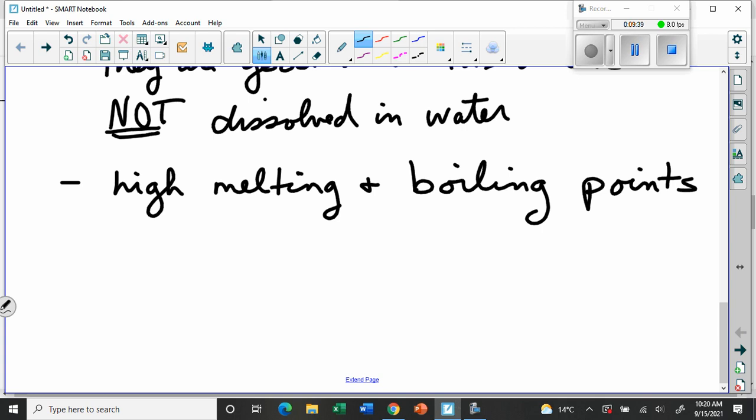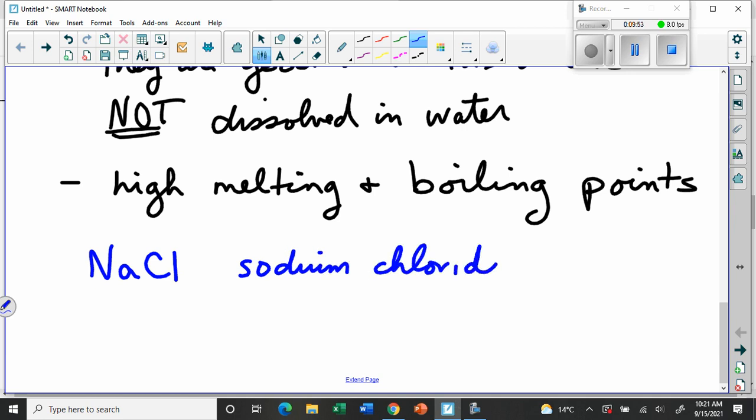So if we take an example of a compound, a very common one, NaCl, sodium chloride, right? Sodium chloride. This is a good example because this is basically what we call table salt. Now, what's interesting is all ionic compounds are called salts.